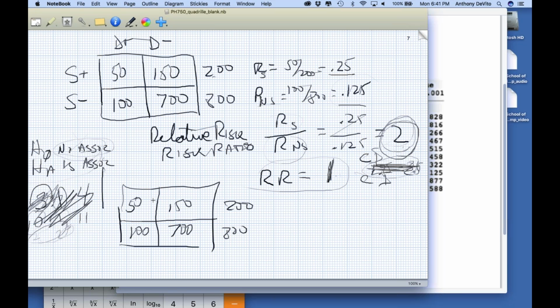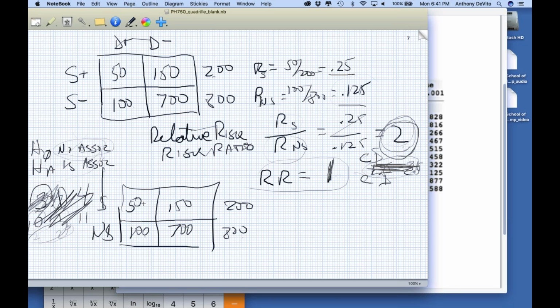Okay. So if we were going to look at risk for smokers, we said 50 out of 200. For non-smokers, we said 100 out of 800. That's what we did up there, and then said one over the other is the relative risk. Now, for odds, we're going to look at it differently.